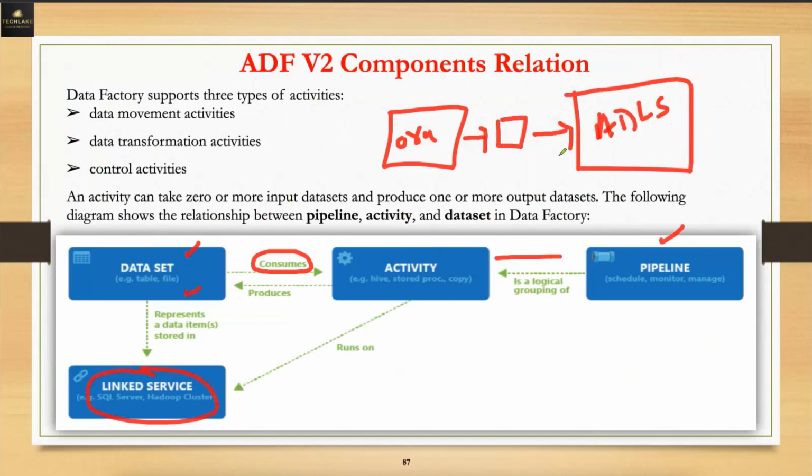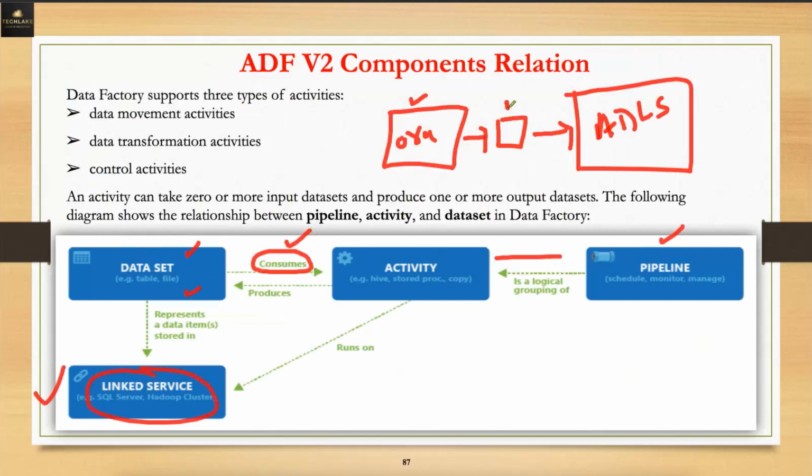This is just a data migration. The source is Oracle. How will you connect to the source? Using linked services. Then once you connect to the source, you are going to read data from the dataset. The dataset is a table. So we are going to consume the data, that is, reading data from the source.